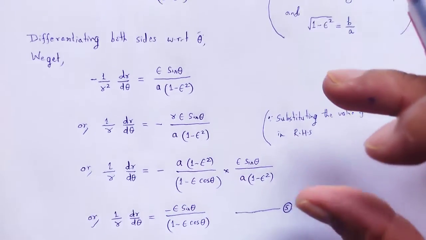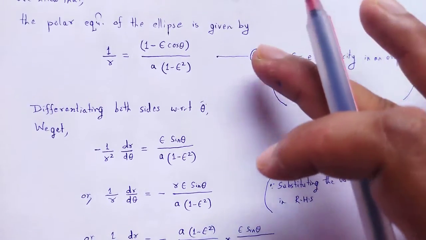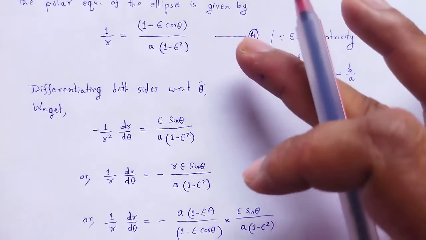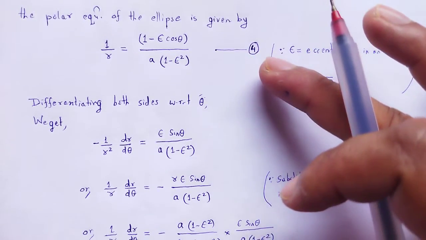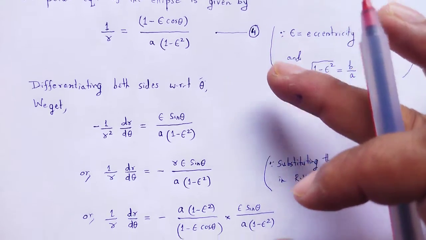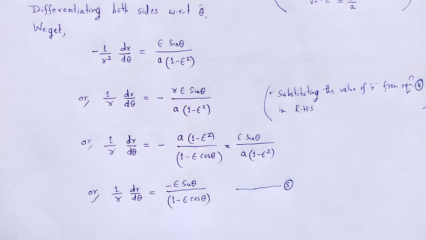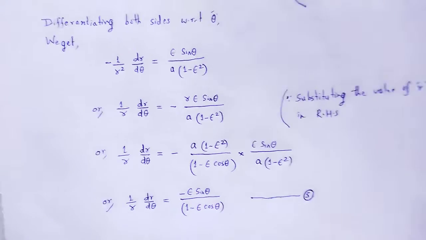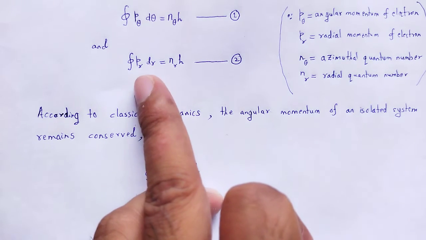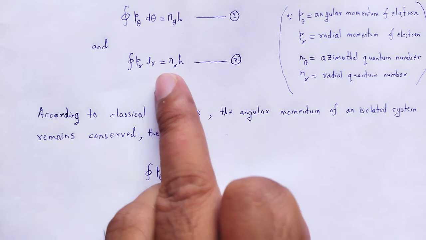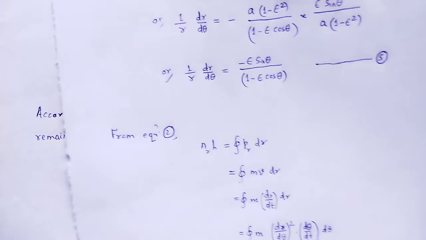Why do we evaluate such equations? Because that equation is necessary to solve the second quantized equation, integration over P r dr is equal to nRh.